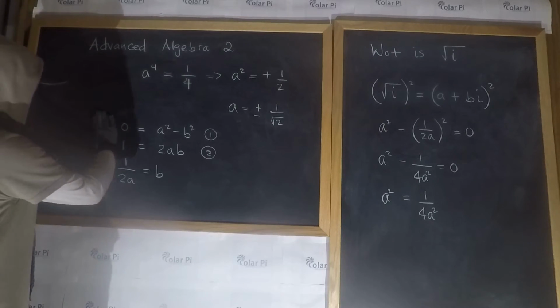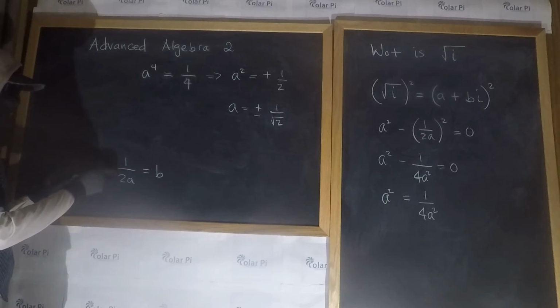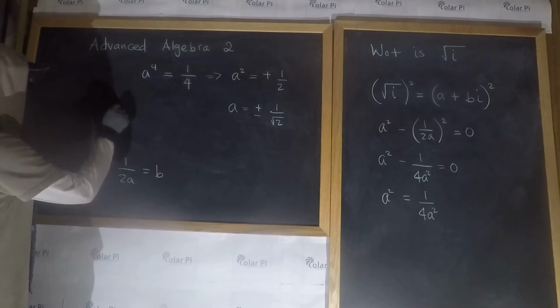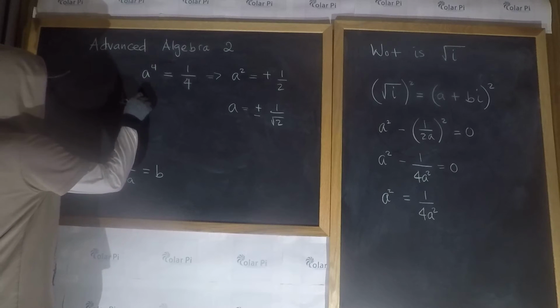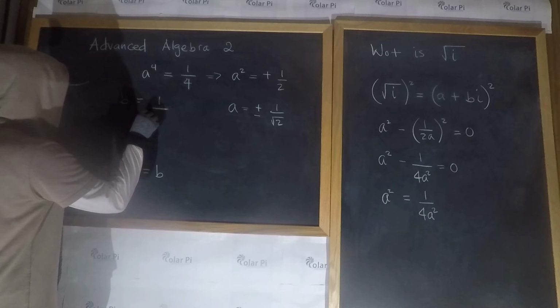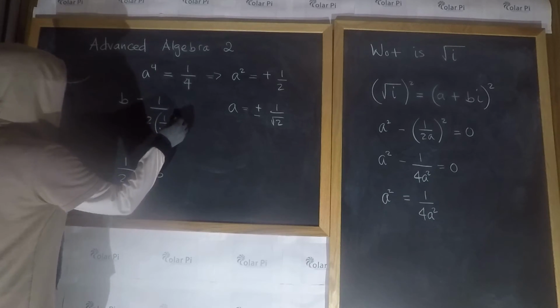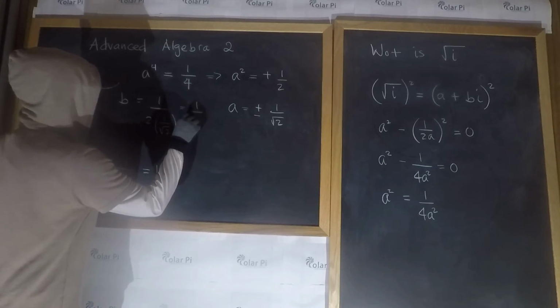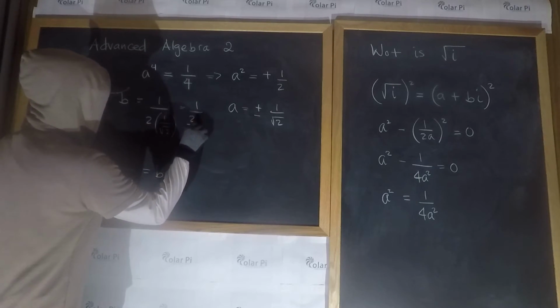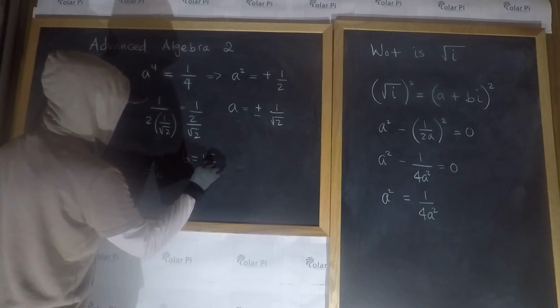And b is 1 over 2a. So when a is equal to positive 1 over root 2, b is going to be 1 over 2 times positive 1 over root 2. So that is 1 over 2 over root 2, and so b is going to equal root 2 over 2.